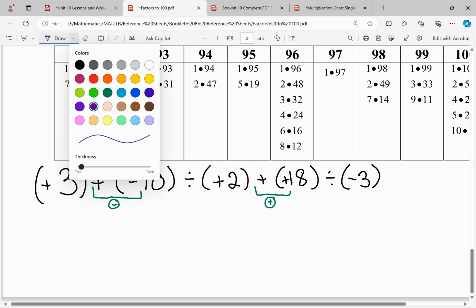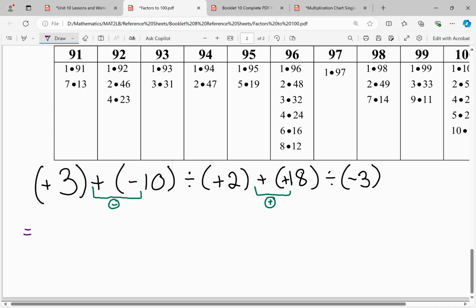So I'm going to rewrite this problem as positive 3 minus 10 divided by positive 2 plus 18 divided by negative 3. Okay, so I've rewritten the exact same line, but I've combined some of those signs to make our life a little bit easier.